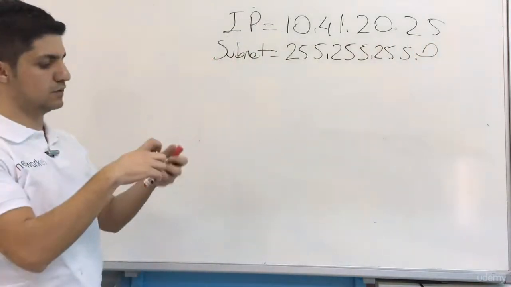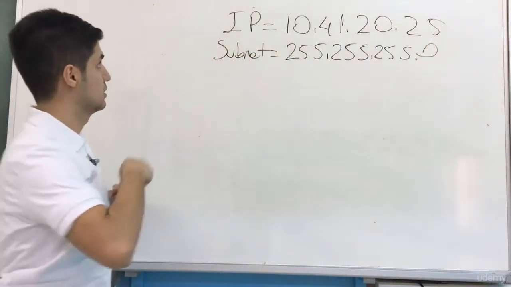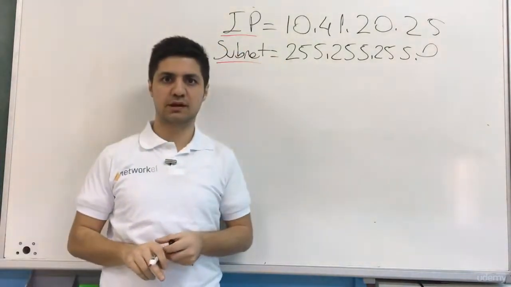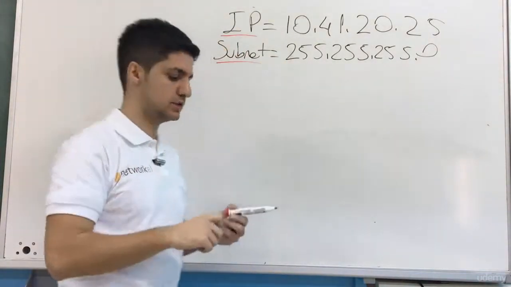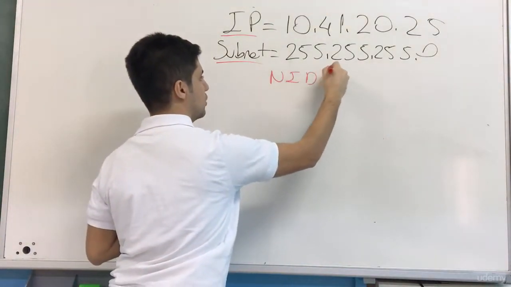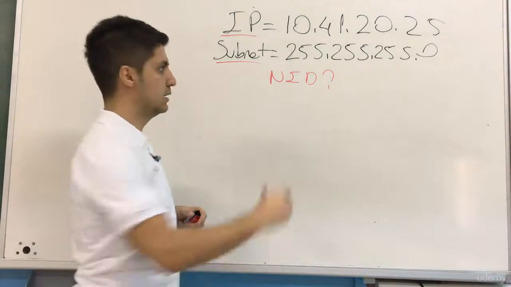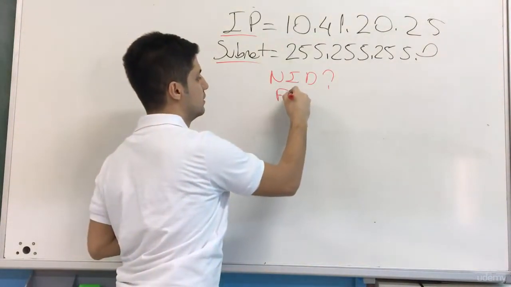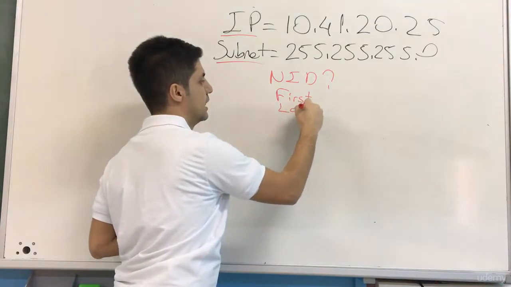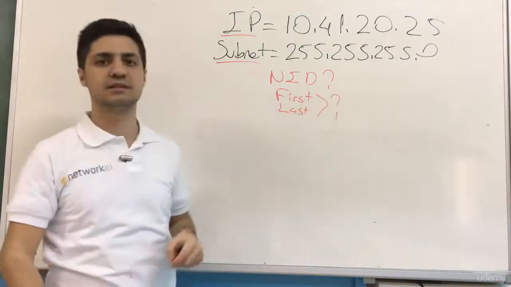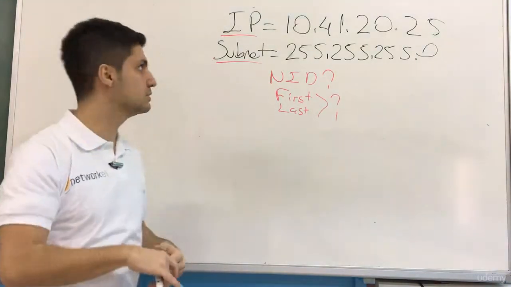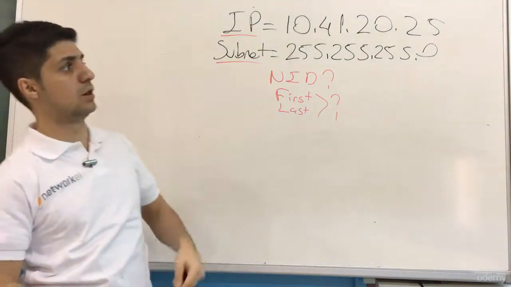Alright, as you can see, we have our IP address and subnet mask right now, and the question is, what is our network ID and what are the first and last IP addresses that I can use in this network? Alright guys, let's take a look at how we can accomplish this goal.